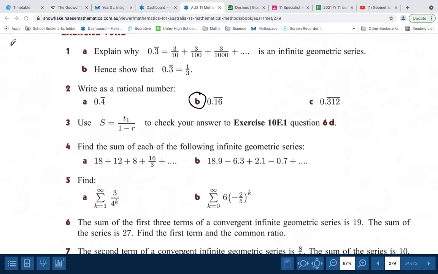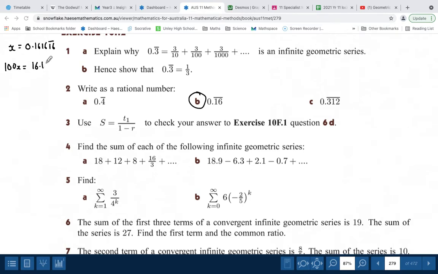The way we did it before was to say, okay, we'll let x equal 0.161616 recurring. We'll multiply by 100. The reason we're going to 100 is so that we can multiply out, because I can see it starts repeating not at the tenths but at the hundredths.